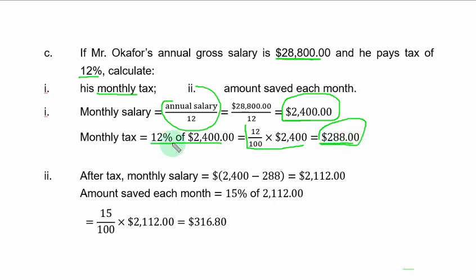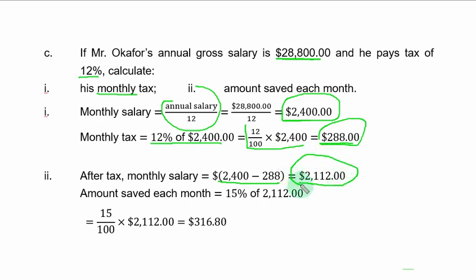Now after tax, because you are asked to find the amount saved each month, that amount is after tax. So after tax, monthly income or salary is 2,400 minus tax, and that is $2,112. From the question, he saved 15% of this amount.